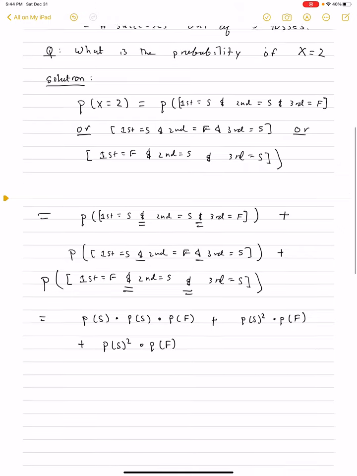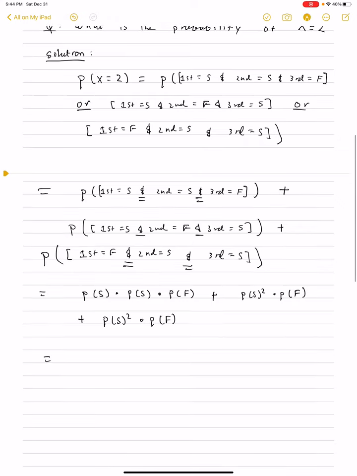I can write this as just 3 times probability of success P squared times 1 minus P, probability of failure. I could do Q instead of 1 minus P, but let's just leave that. And if I wanted to, I can put in the probabilities. This will be 3 times 1/6 squared times 5/6.